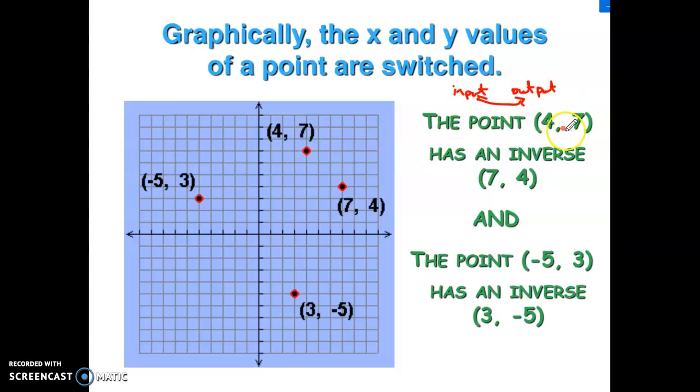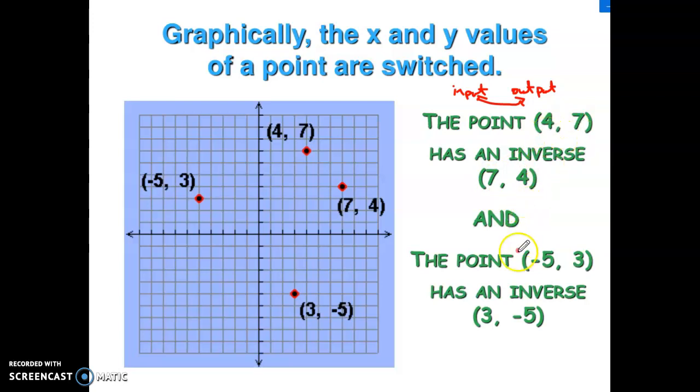What we mean by that is that we start with the point (4, 7). That means we've got an input of 4 and an output of 7. When we're doing the inverse relationship, we're standing here with the 7, and we want to know how to get back to that 4. That's what the inverse is all about: switching the x and y's around.